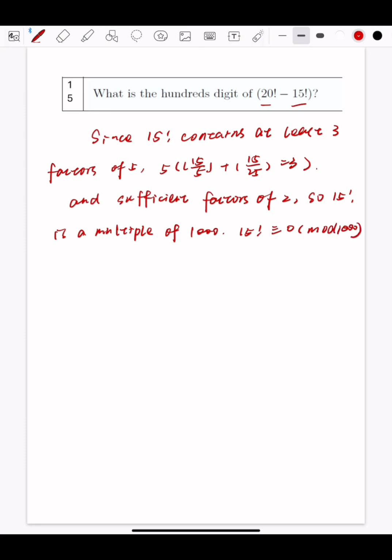And also we talk about the first part for the 20.